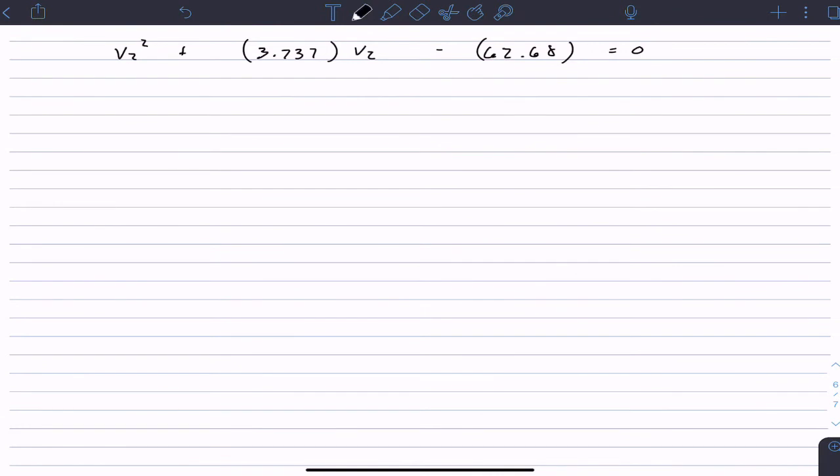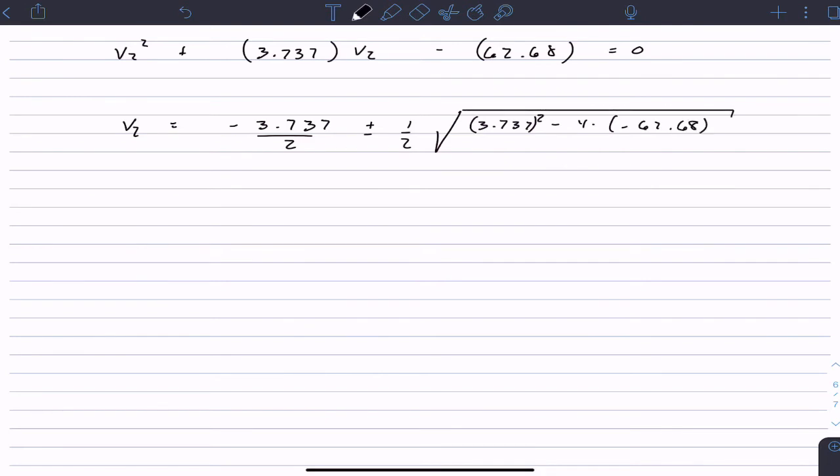Okay, so now I'm going to take V2 is equal to, so this is just your standard quadratic formula. Four times C, which is negative 62.68. Okay, and then I should come out with two values, so let's figure out what those are.